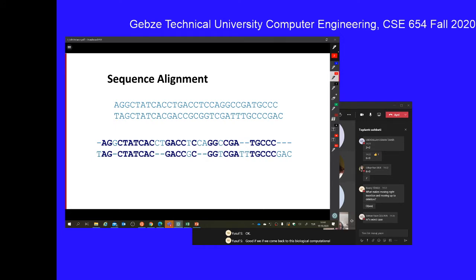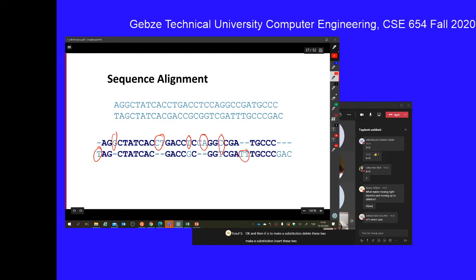If we come back to this computational biology example, I would like to match this word with this word, very large words, and this is the result. Again, the problem is the same. Insert a T here, keep A and G, delete a G, delete these two, make a substitution, delete these two, make a substitution, insert these two.